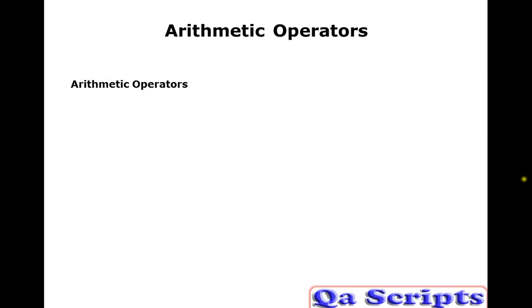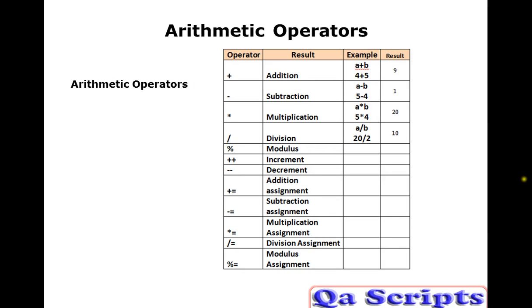Arithmetic operators. As the name suggests, these are the symbols that will help us to do arithmetic calculations. For example, if we want to add two numbers or subtract numbers, multiplication, division, modulus, such activities can be done using arithmetic operators.